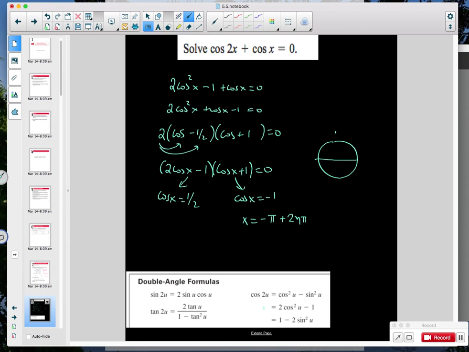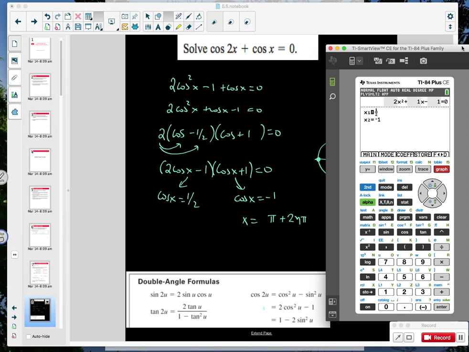I see you are looking skeptical, because the factoring shouldn't be cosine x minus 1. Look at the answers. I have here minus 1, that's the root, so the factor is the opposite.